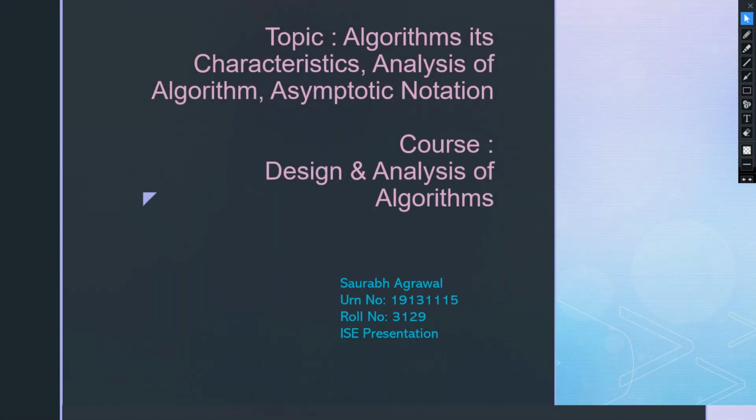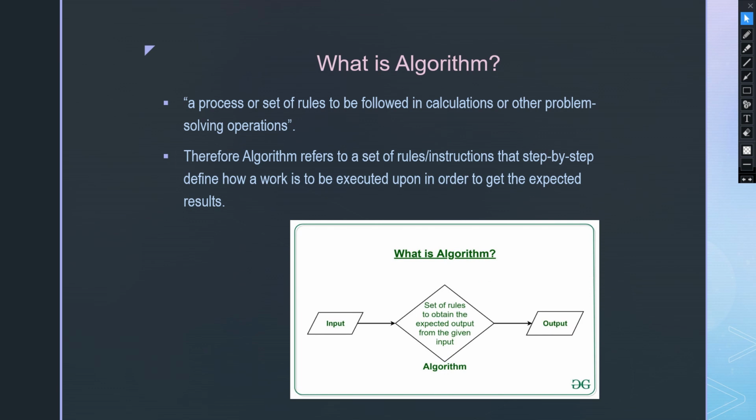So we should know what an algorithm is. A process or a set of rules to be followed in a calculation or other problem-solving operation. Therefore, an algorithm refers to a set of rules or instructions that step by step define how work is to be executed in order to get the expected result.